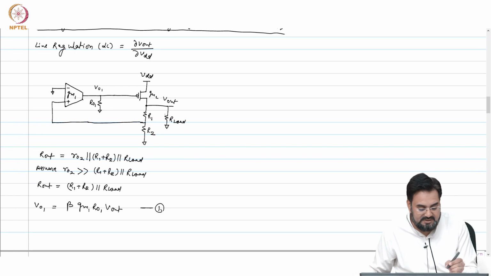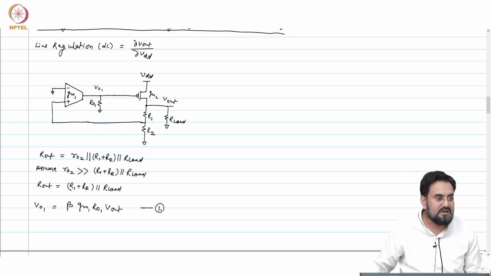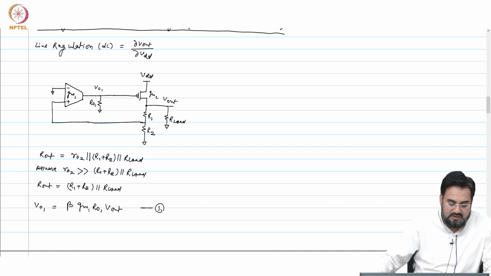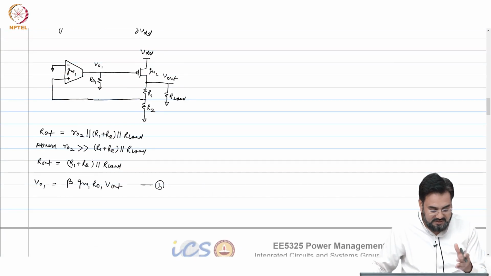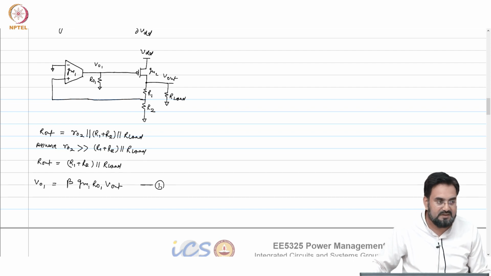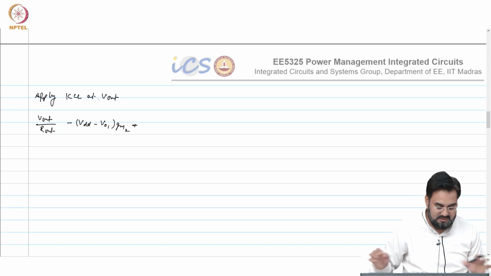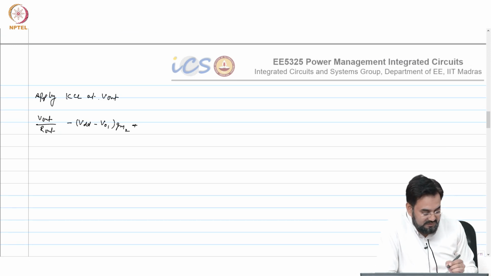If I did not ignore RO2, you would have to add one more current, V out over RO2. But right now I am ignoring this, because when we start considering kappa, it will complicate the equation a little bit. So just to simplify, I have ignored it.